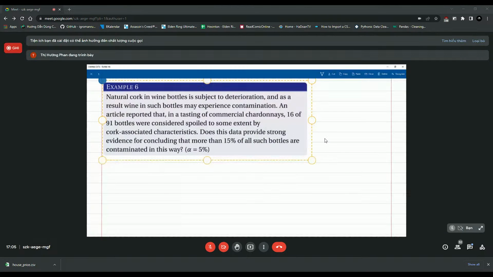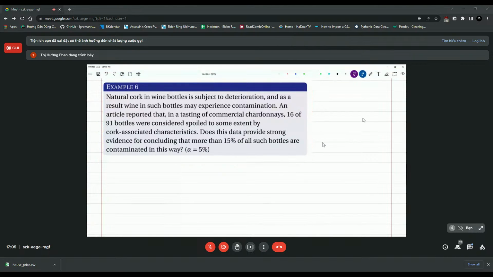Try to focus on example 6. Summarize the information and write down the null hypothesis and the alternative hypothesis by yourself. Okay, a few minutes for you.